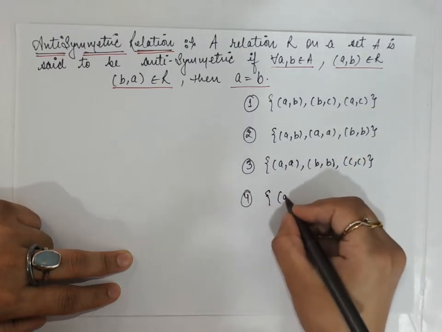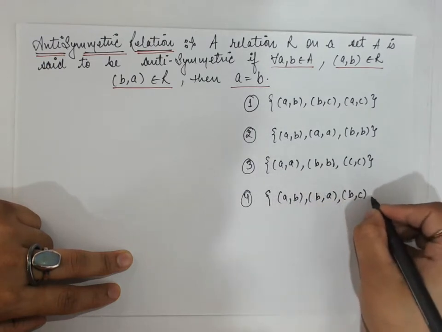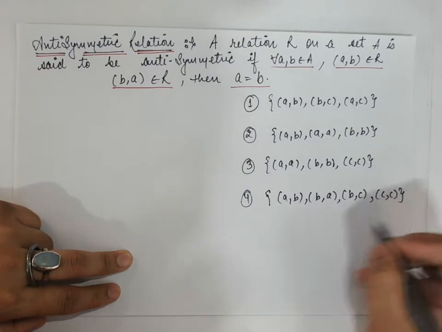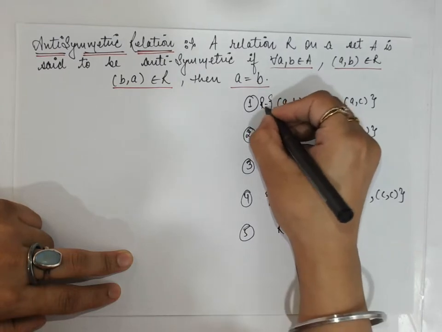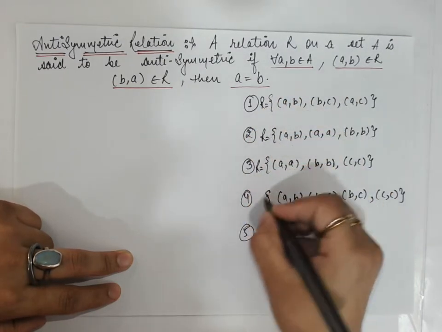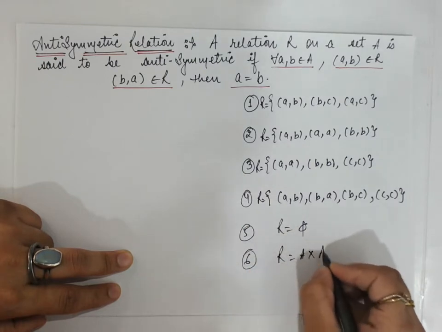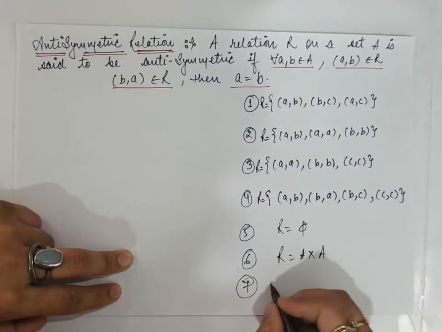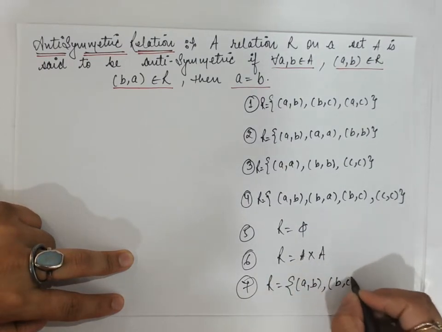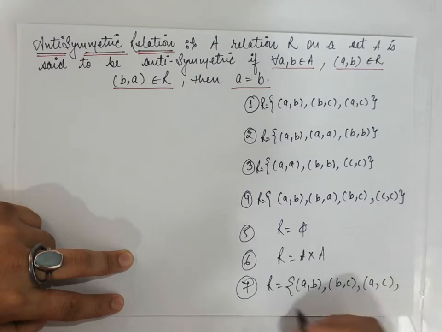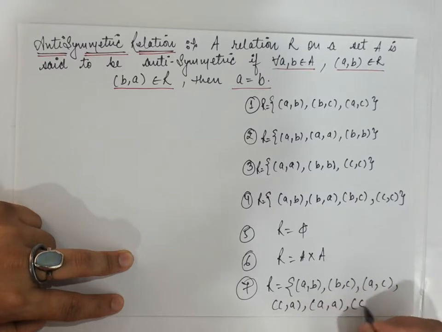Fourth, I will take (A, B), (B, A), (B, C) and (C, C). Fifth is if R is equal to phi. Sixth is if R is equal to A cross A. And last example is if R is equal to (A, B), (B, C), (A, C), (C, A), (A, A) and (C, C).